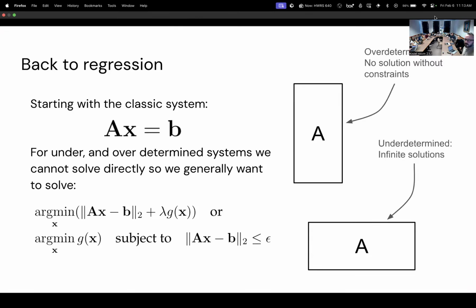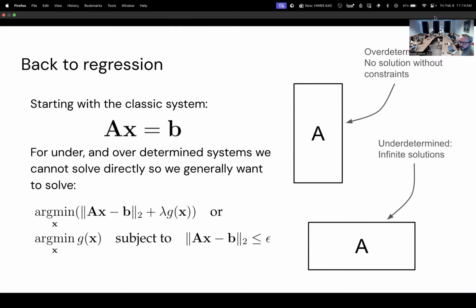So overdetermined systems are ones where the A matrix is tall and skinny, which means that we have many more system terms than we have observations.